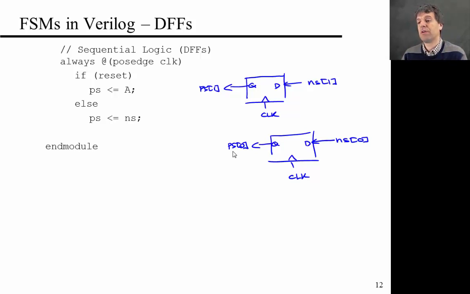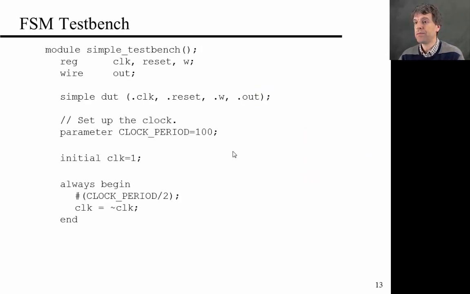The next thing I want to do is also quickly walk you through how to write a test bench for a state machine. So this module here is called simple test bench. Clock, reset, and W here are registers because they change during the simulation. Out is a wire. Then simple is the device under test.